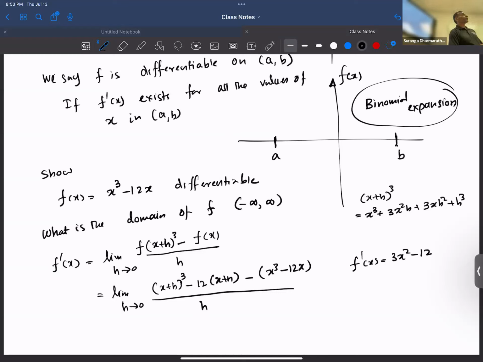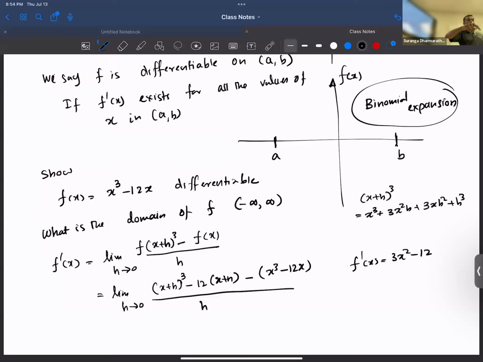What is the domain of this function, 3x squared minus 12? Negative infinity to positive infinity. That means this satisfies all the values of the domain of f. The domain of f is equal to the domain of f prime x.